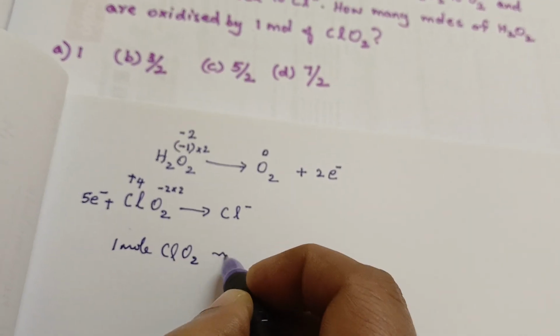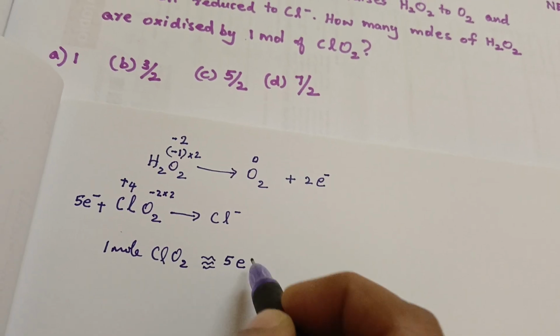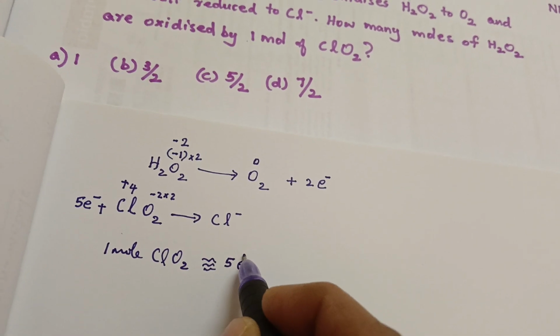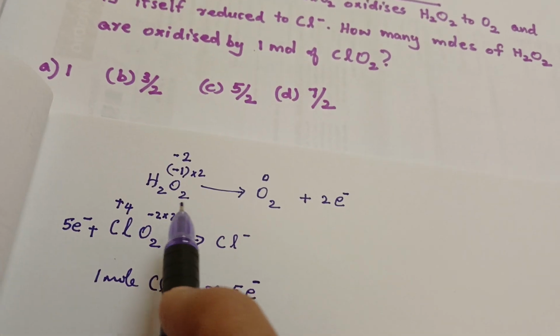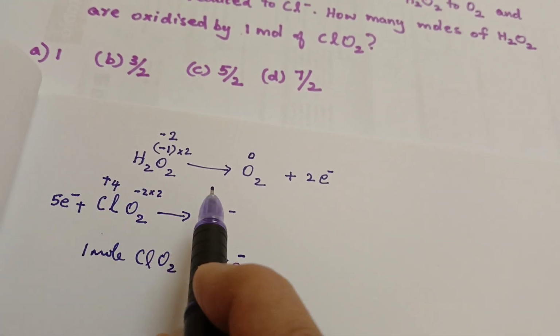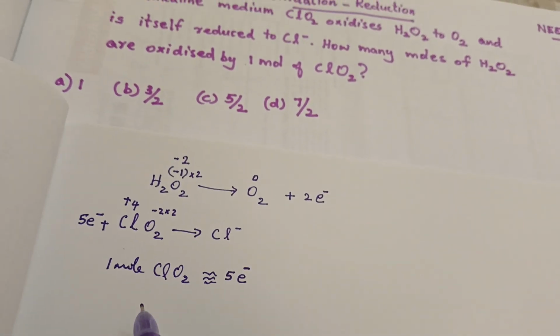We can consider 1 mole of ClO2 as 5 electrons, and in hydrogen peroxide getting oxidized to oxygen, 2 electrons are involved.